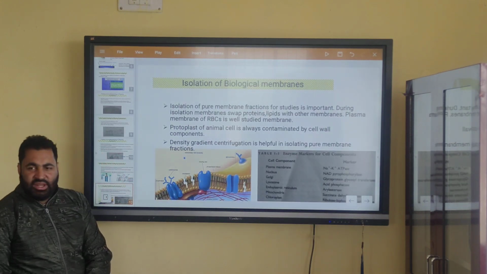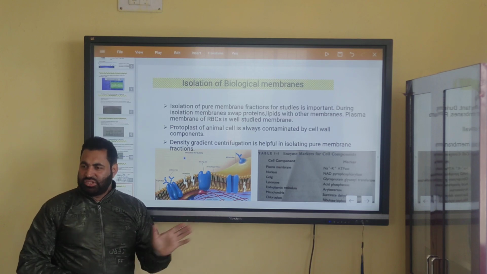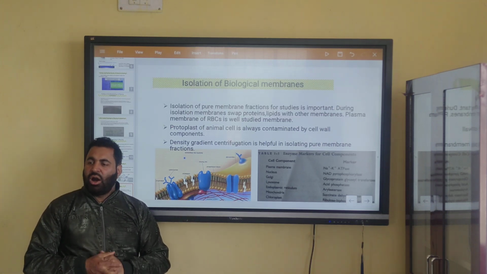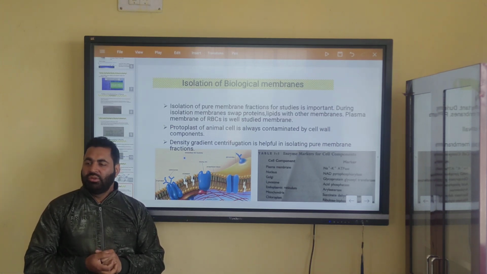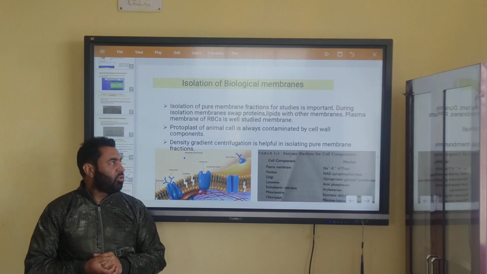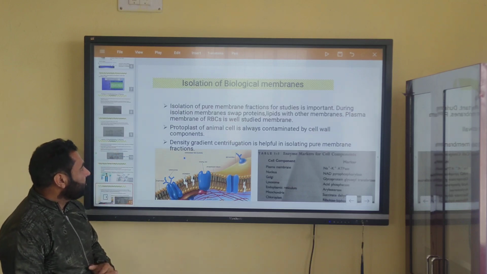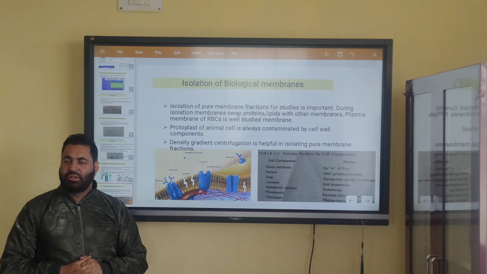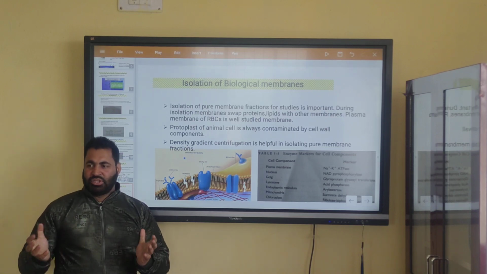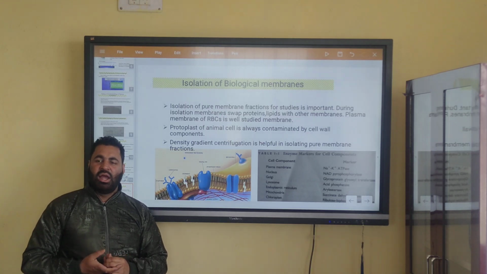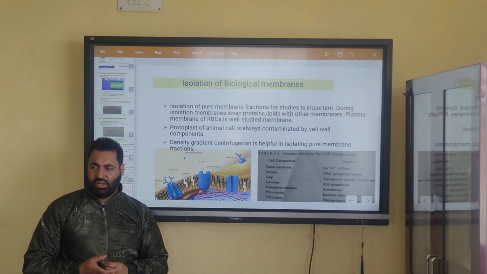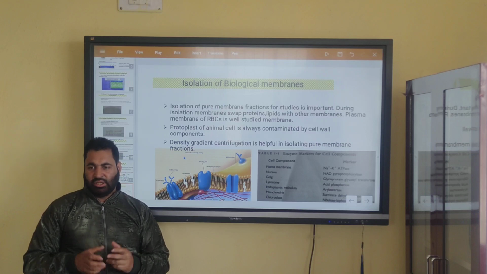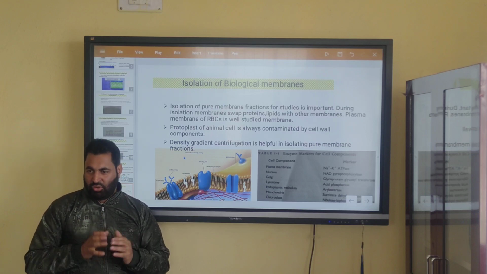Isolation of biological membranes. One more extension to this biomembrane is how can we get pure biological membranes? Earlier, biological membranes were isolated by using different techniques. It was very difficult to isolate membrane from the plant cell because cell wall contaminations were also occurring here.